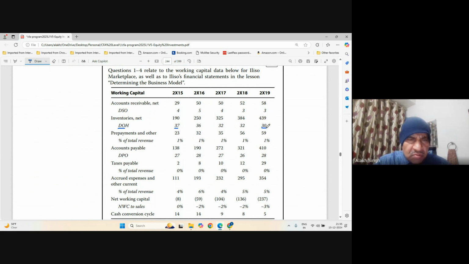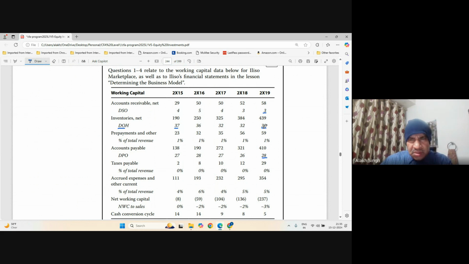So it has gone lower, so it is improving. DSO is days sales outstanding, meaning customers are not paying, and this has gone down. This one is also improving. And days of accounts payable means we are not paying them, so the higher it is, the better it is. And in this case, the lower it is, the better it is.